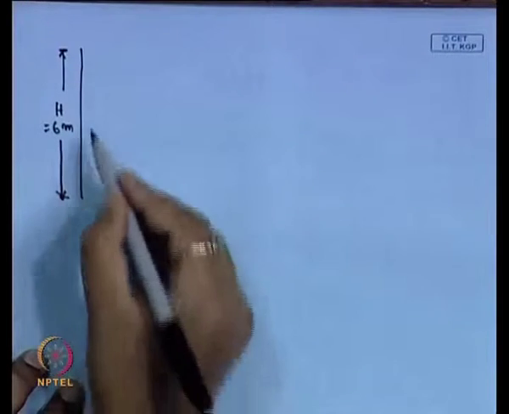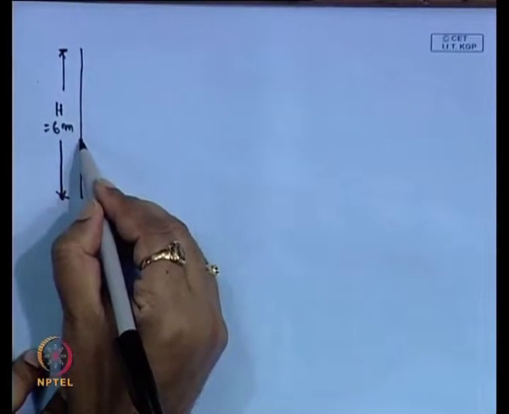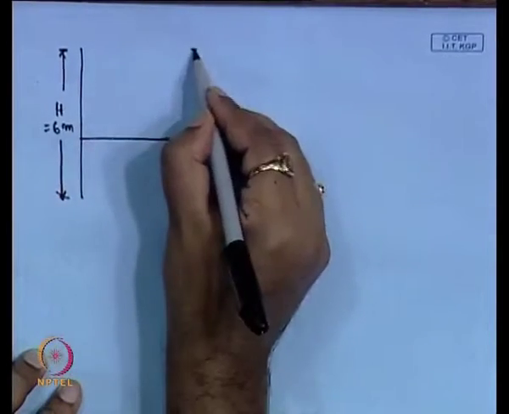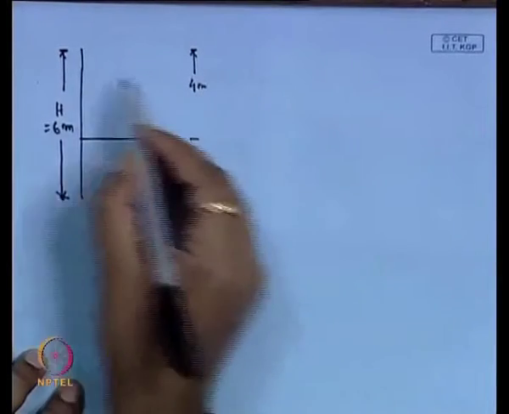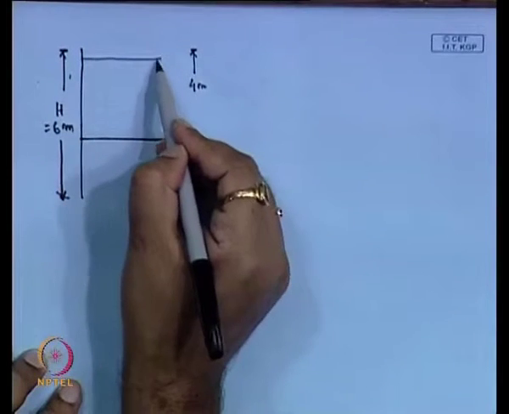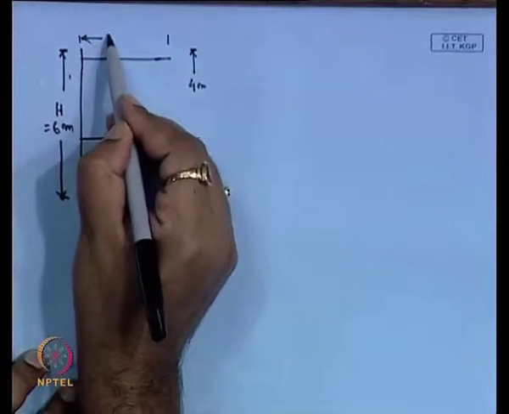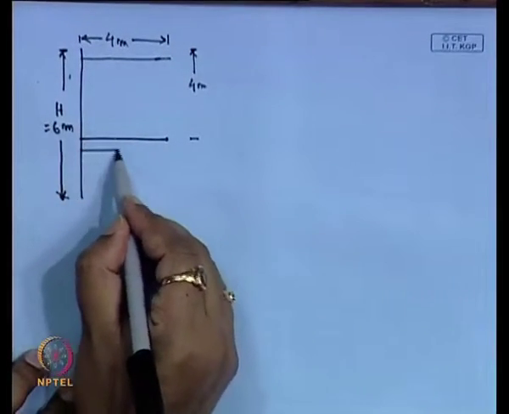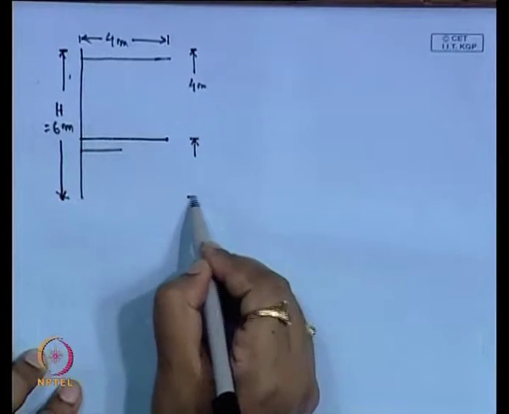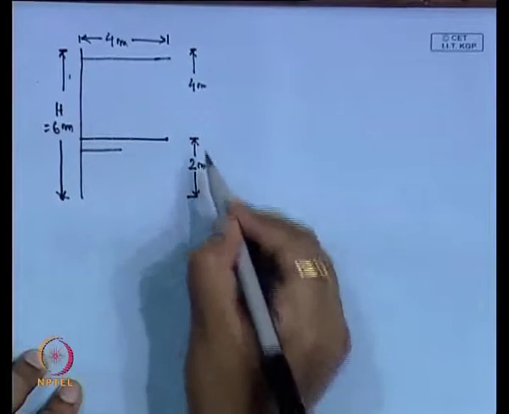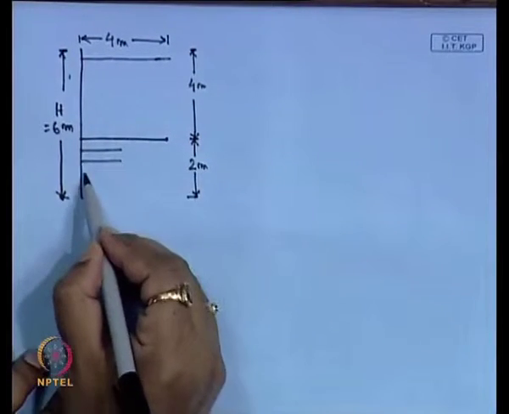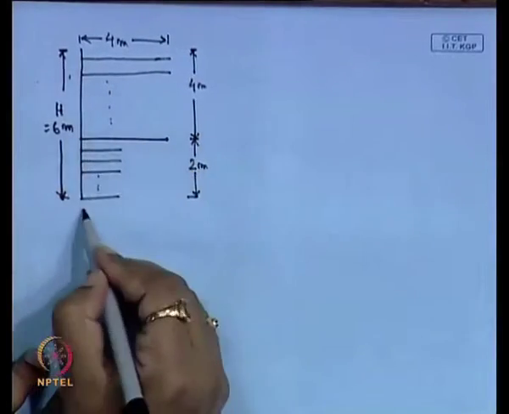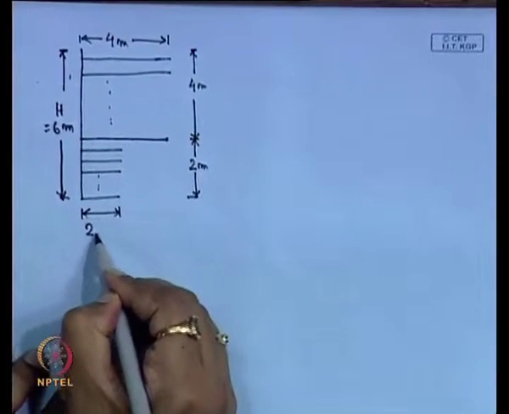From 0 to 4 meter, we have provided reinforcement whose length is 4 meter, and from 4 meter to 6 meter, the next 2 meter, we have provided reinforcement whose length is 2 meter.